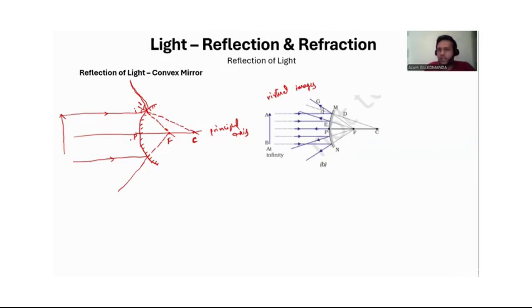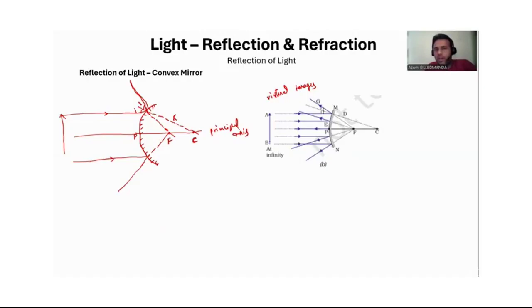P is the pole, the center of the mirror. F is the focus, C is the center of curvature, and this is R, the radius of curvature. So what is happening here?